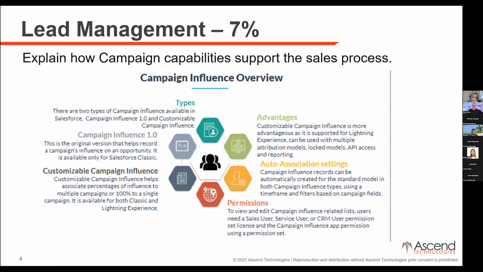Campaign influence, you have some roles that you can set up and around this, but it basically is a way of getting people associated or getting a campaign some credit for influencing a sale. So on your opportunity, you'd have a related list called campaign influence, and it automatically will associate a certain set of campaigns to that opportunity.